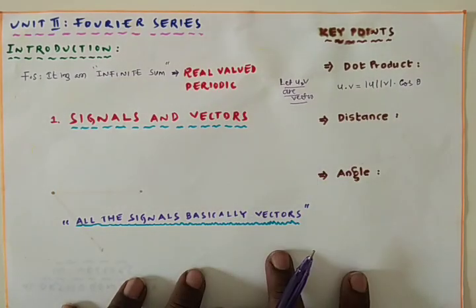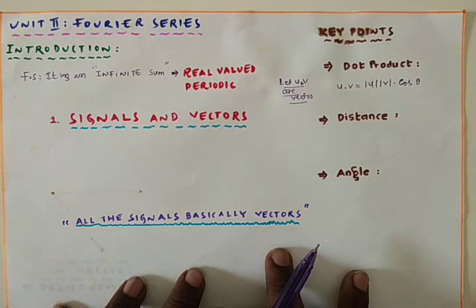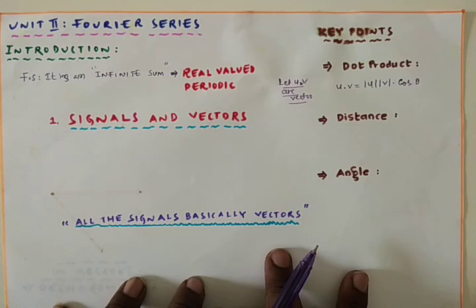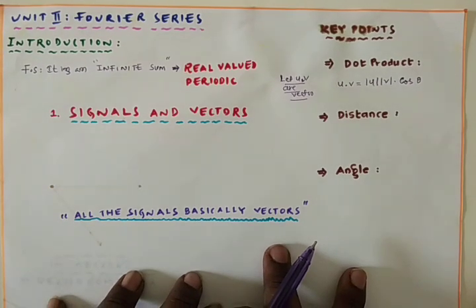The point is very clear here. When the two vectors are perpendicularly placed, when the angle between them is 90 degrees, then the dot product of those two vectors is equal to 0.